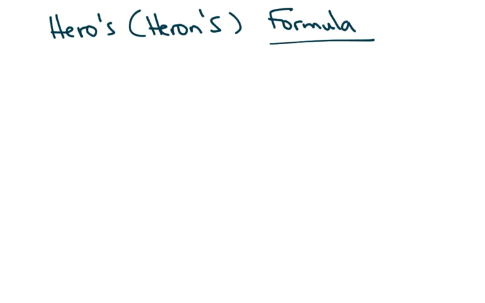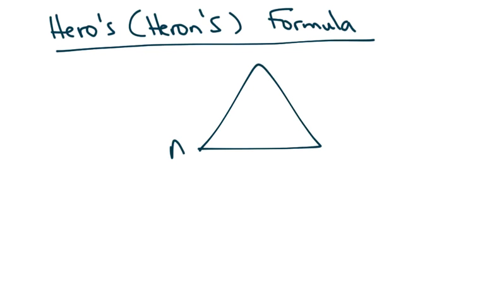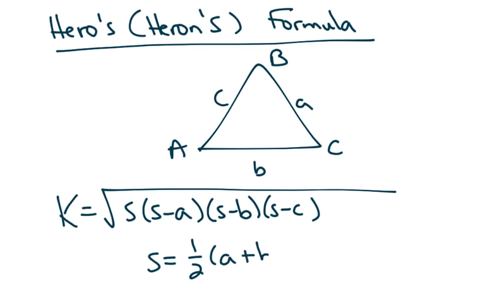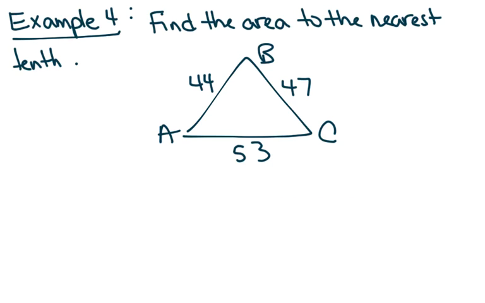And the way it works is for triangle ABC, the area can be found by doing the square root of S times S minus A, S minus B, S minus C, where S is found by taking half the perimeter. So let's try this formula out. Let's find the area of triangle ABC, and then let's round the answer to the nearest tenth.